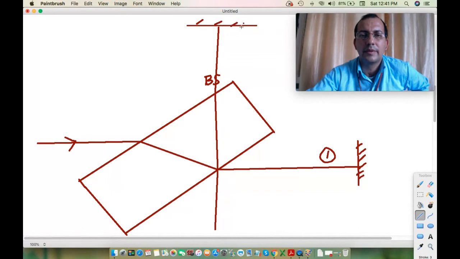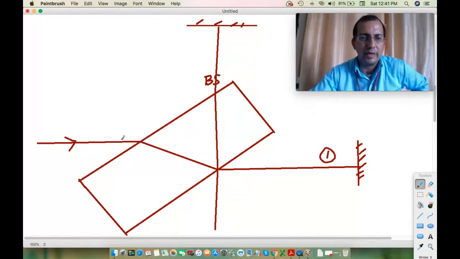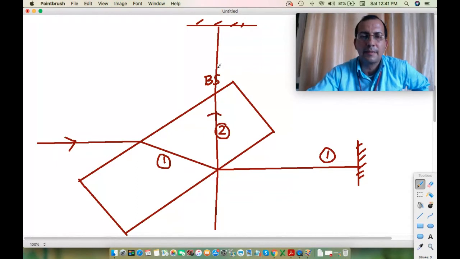Now about this ray of light, when it entered, it was one time. Now it is reflected from this surface, and now it is two. It goes in this direction, and from here it is reflected back again and goes through this. That is the third time.